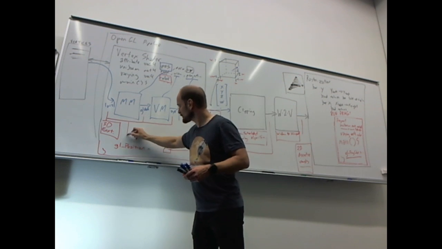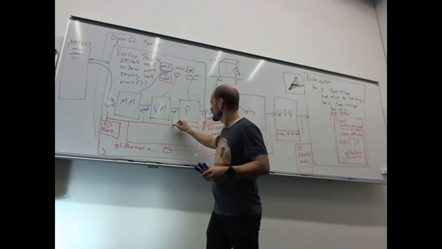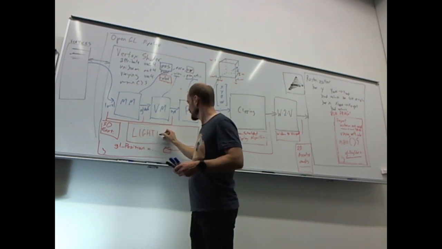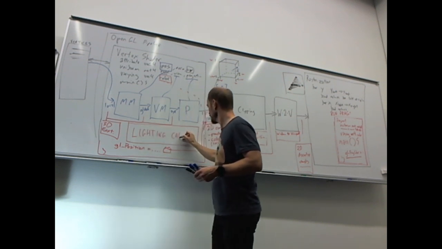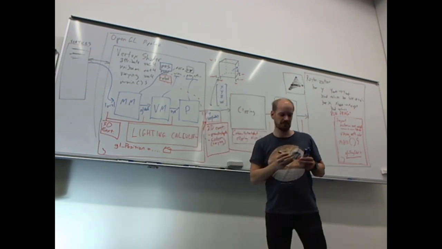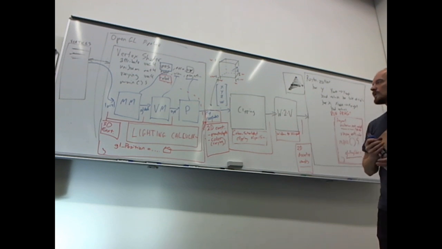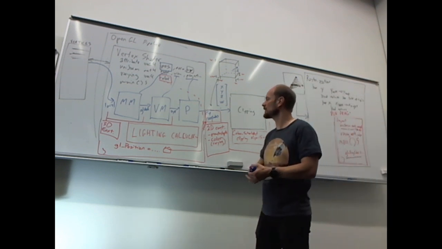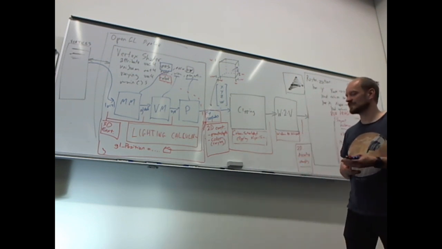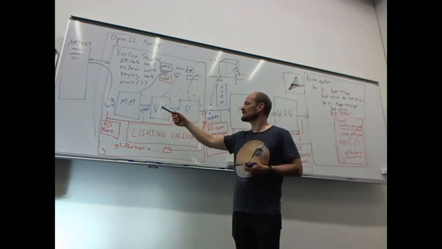I'm going to leave a little bit of space here for lighting calculations. So now I'm putting lighting calculations into the vertex shader. Is that the correct place for them? And where would we put them?